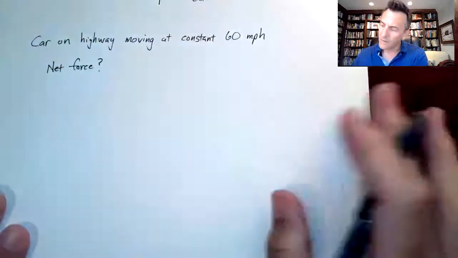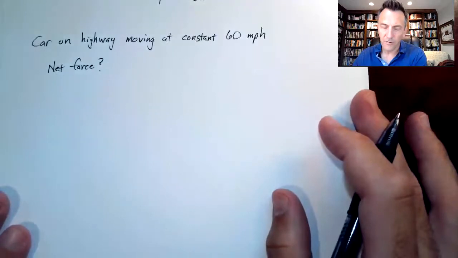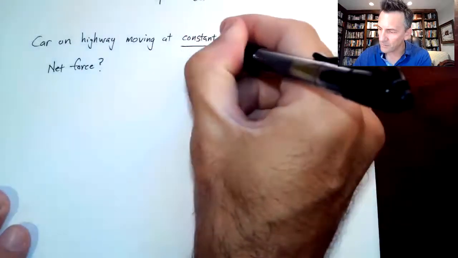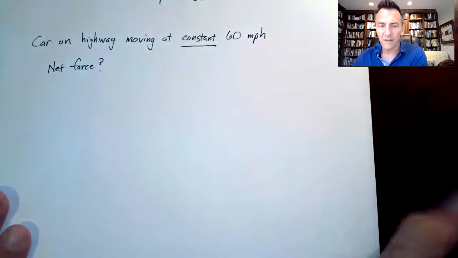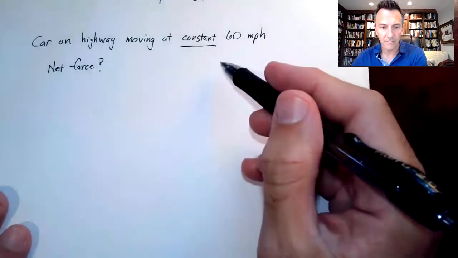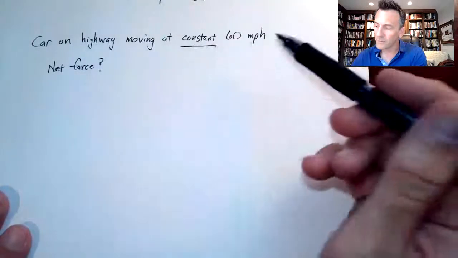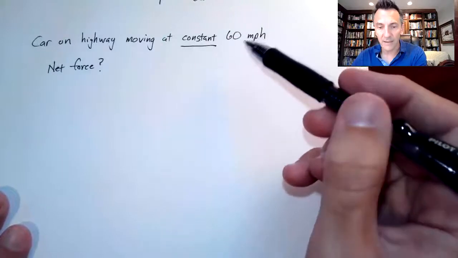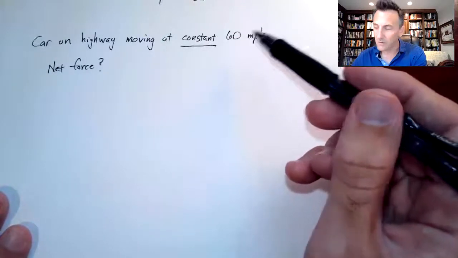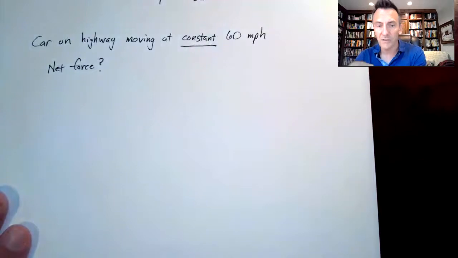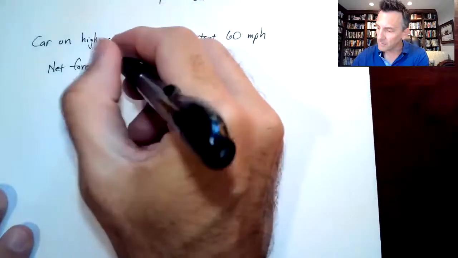The key word here for you should be the word constant. If the speed is constant, then it's not changing. In other words, the speed is 60 miles per hour and it's staying 60 miles per hour. Just like when I was in the chair, my speed was 0 and was staying 0. So what's the net force? In this case, it's 0.